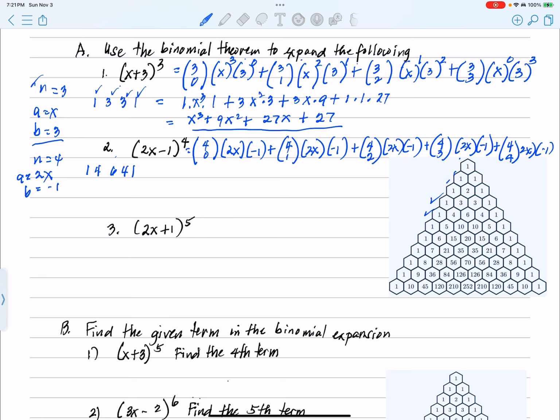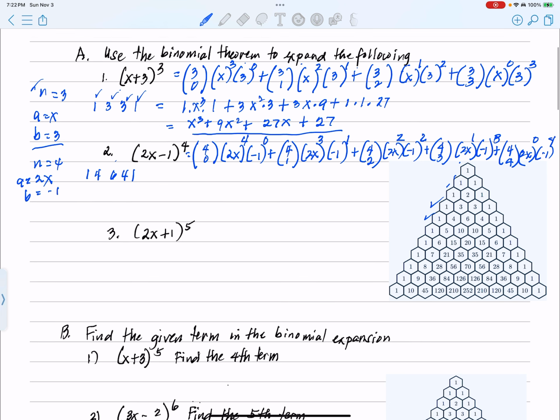Okay, let's assign the exponents. So the first term, it is descending. So start from 4 here, then 3, 2, 1, 0. Well, the second term is ascending. So from 0, 1, 2, 3, then 4. All right, we have that.